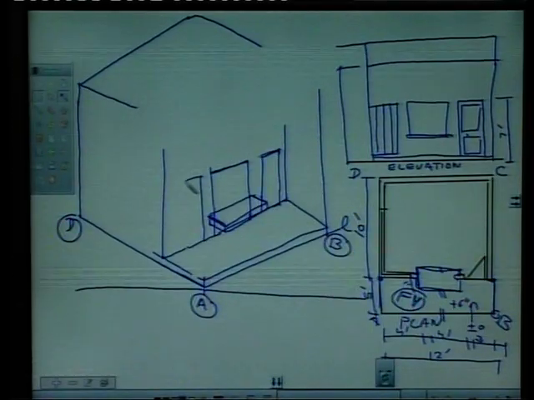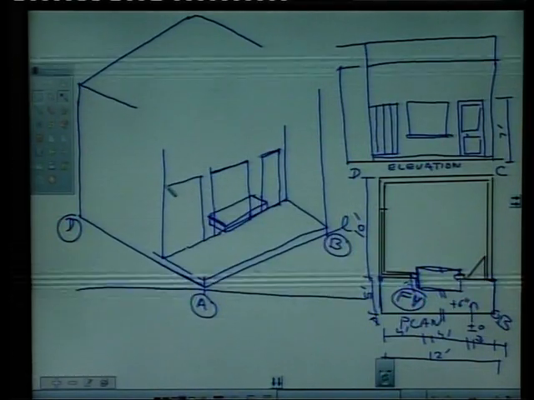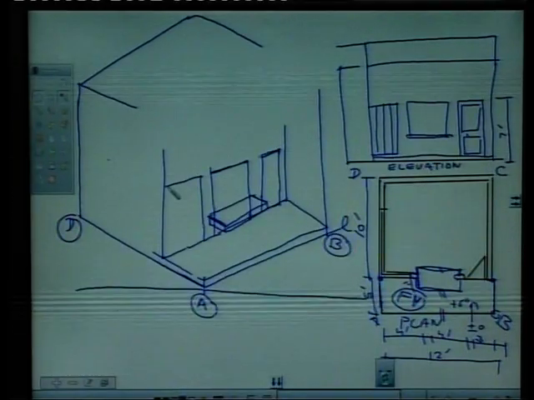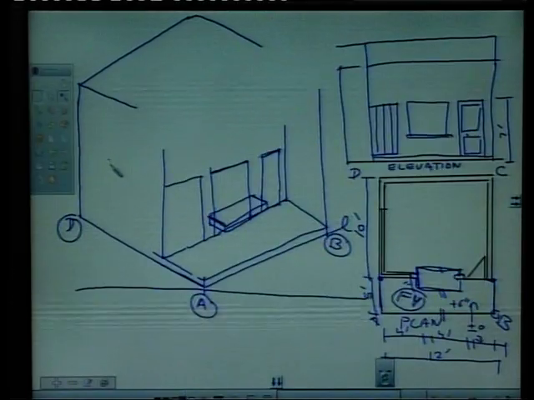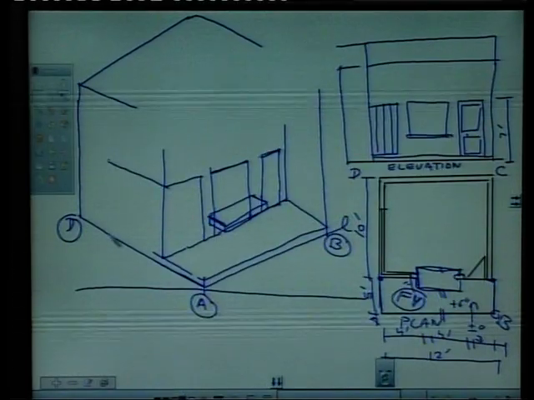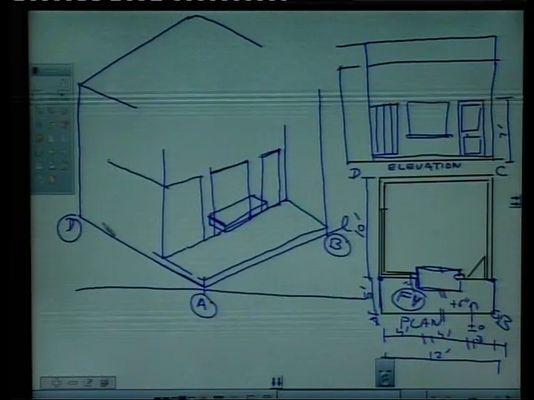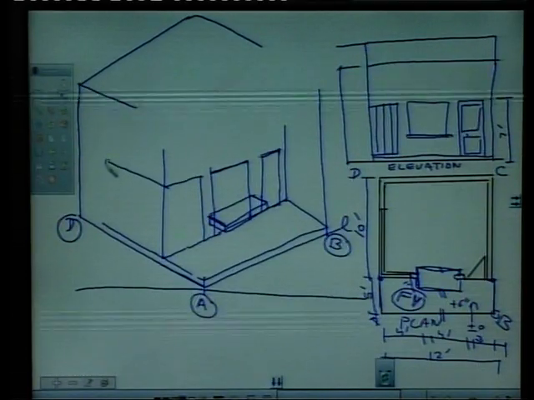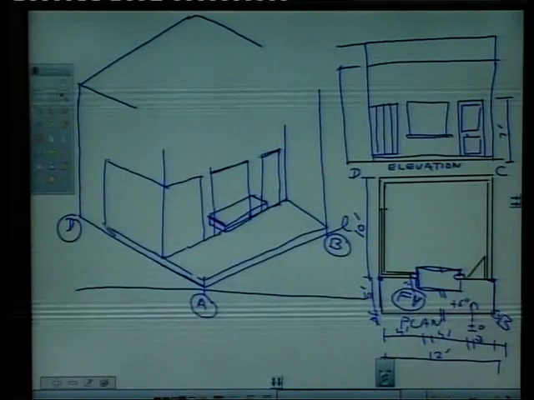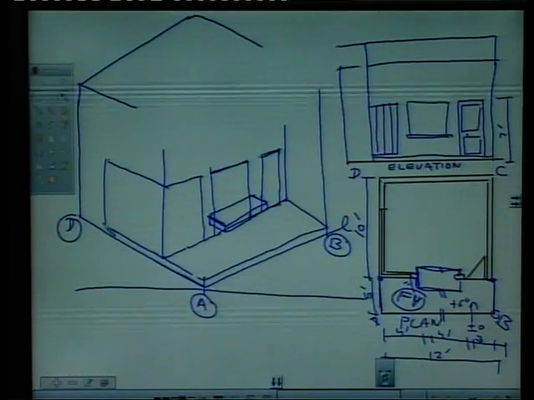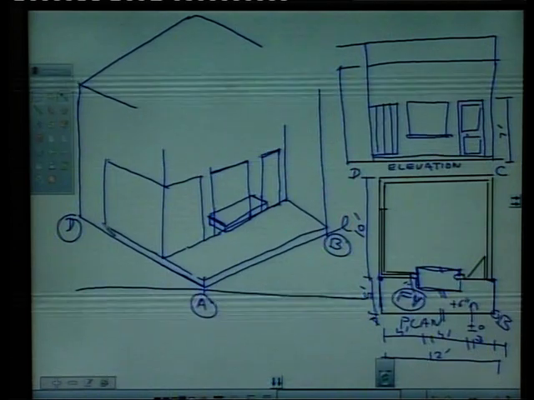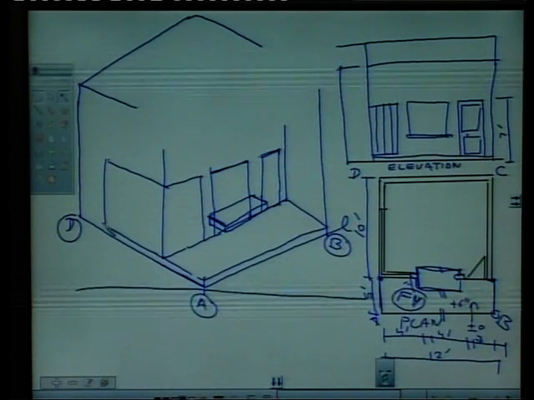Then line like this and another line like this here to complete this part. Right. Say this is L-shaped window, this is counter, window with counter, and this is door, right.